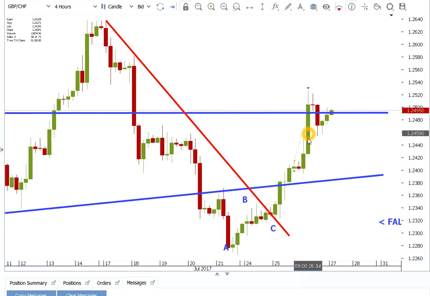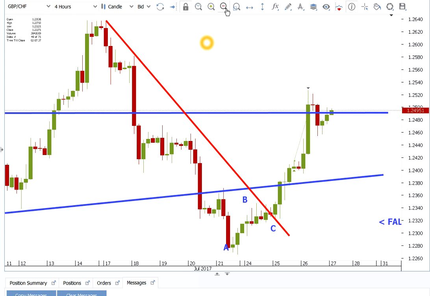But given the fact that this candle is a very large candle and is normally associated with the end of breakouts and trends, it is putting the possibility of a reversal back down towards support firmly on the table. So I think we have to patiently wait and not jump the gun in terms of where the market's going to go from here.